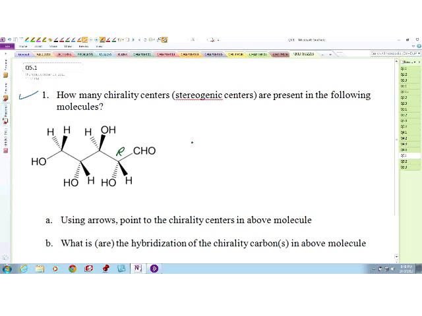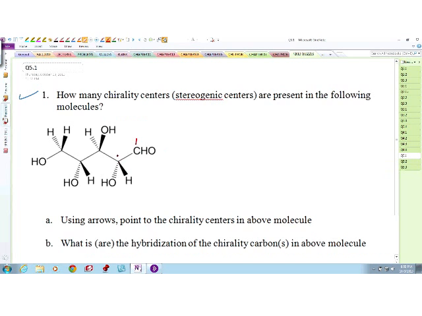Okay, thank you. So here we say how many chirality centers or stereogenic centers are present in the following molecules. Okay, anybody know how many? 3? Okay, well, let's go ahead and number this here.